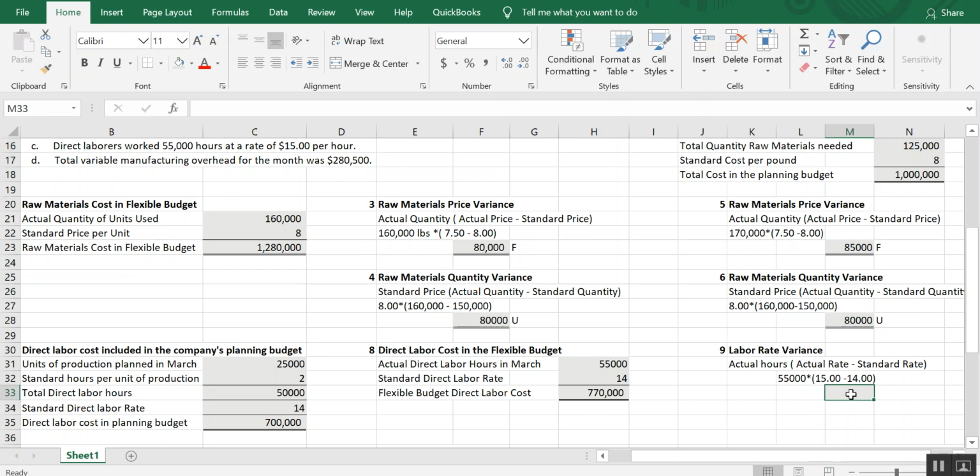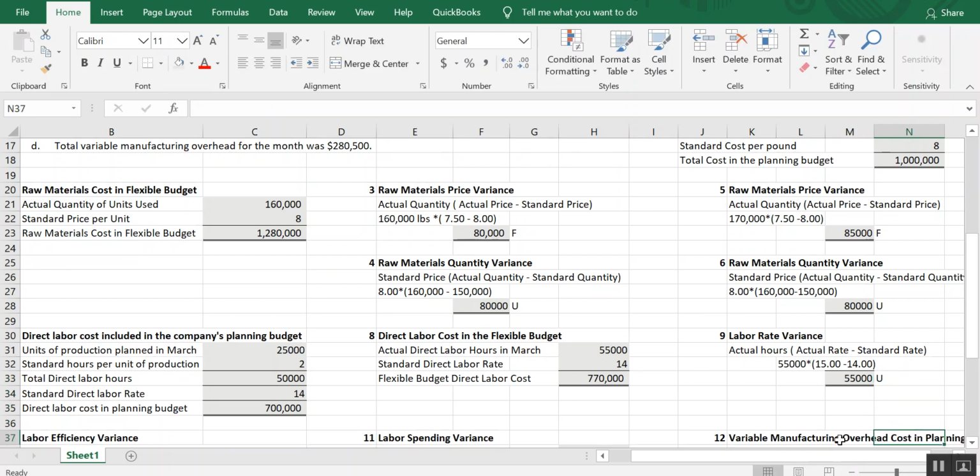So we have 55,000 times 15 minus 14. That gives us a $55,000 variance. Now, because the standard rate is lower than the actual rate we paid, this is an unfavorable variance, okay? So the number 9 labor rate variance is unfavorable.